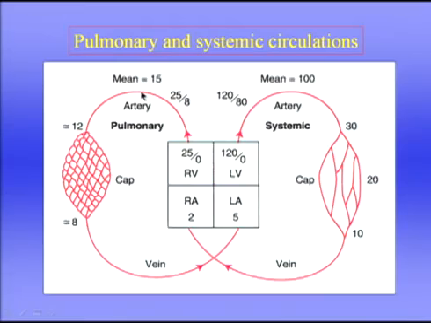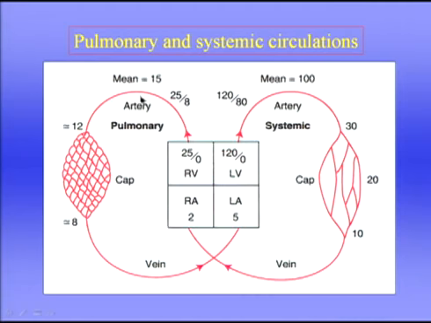Let's look at the vascular resistance of the two circulations. Well, vascular resistance, and we'll talk about this a bit more in a moment, is defined as the pressure drop divided by the flow. Now, of course, the flow in the pulmonary and systemic circulations is identical. Those two circulations are in series.